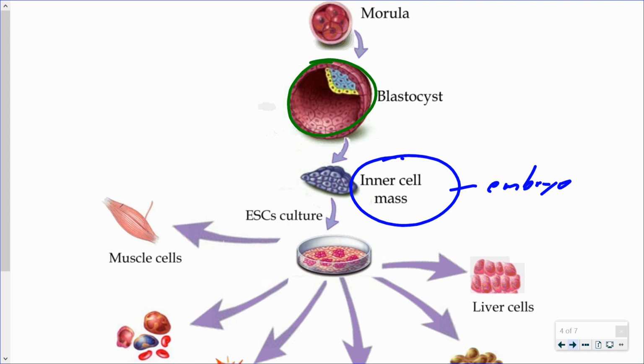But the inner cell mass, there are already some changes that are taking place here. So when we have the inner cell mass, maybe it's 100 or so cells, but at this point, they're all genetically identical, but they're already beginning to look and behave a little bit different because a process referred to as differentiation has already begun.